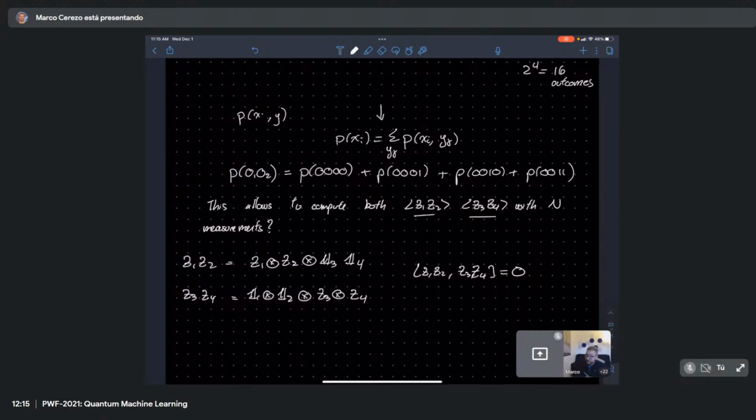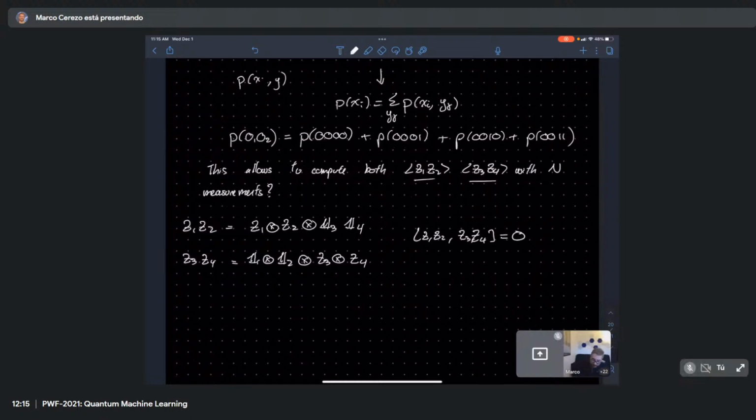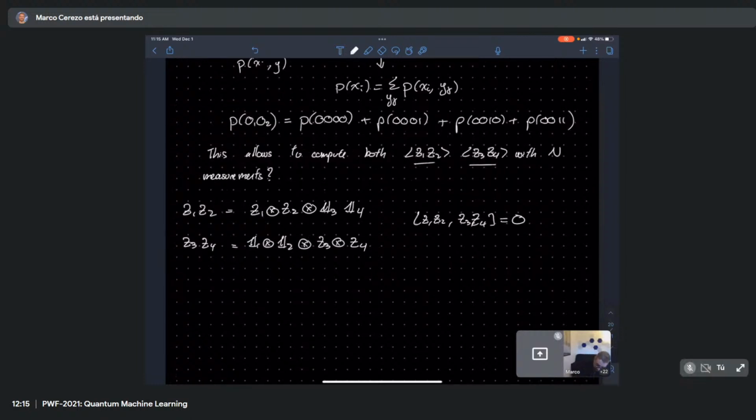But again, this is not true. We will not be able to do this for any set of operators. For instance, if I have X2, X3, well, the problem is that X2, X3 does not commute with Z1, Z2, because X and Z on the qubit 2 do not commute.